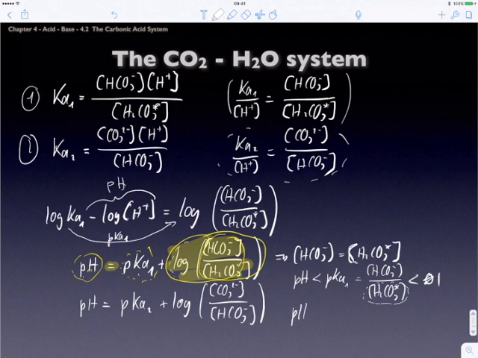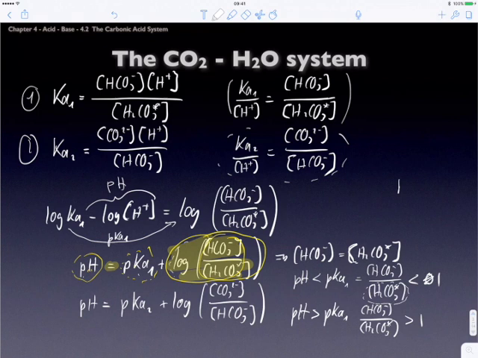And if your pH is larger than the pKa1, this log must be positive, larger than 0. That means that this ratio of bicarbonate to carbonic acid must be larger than 1. That means you have more bicarbonate than carbonic acid.